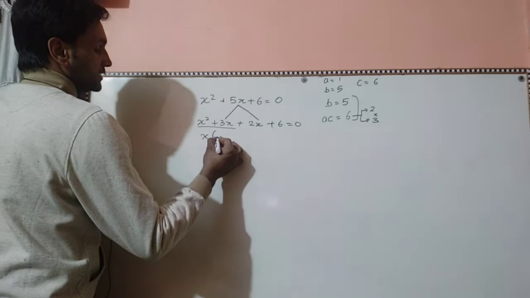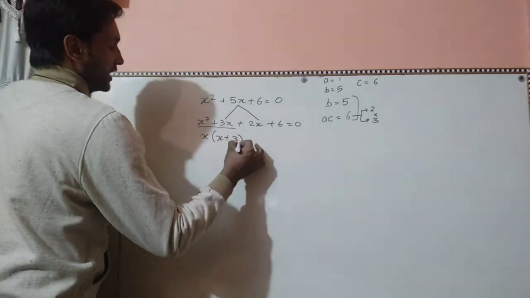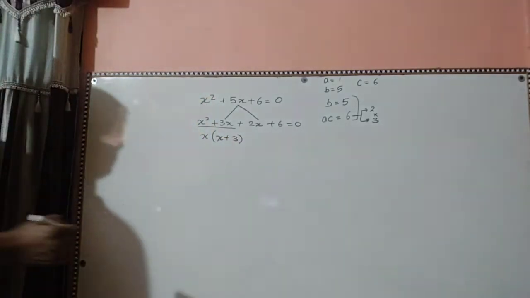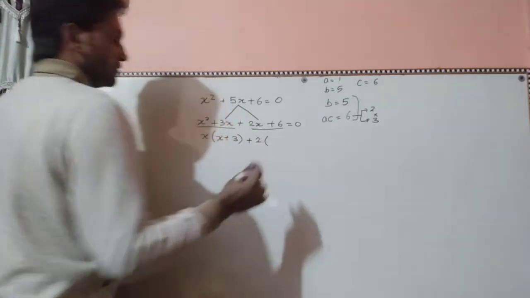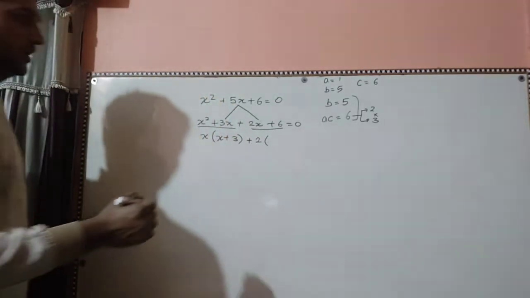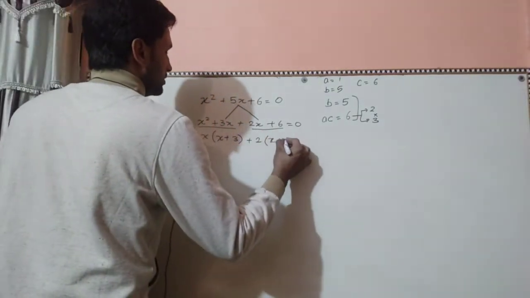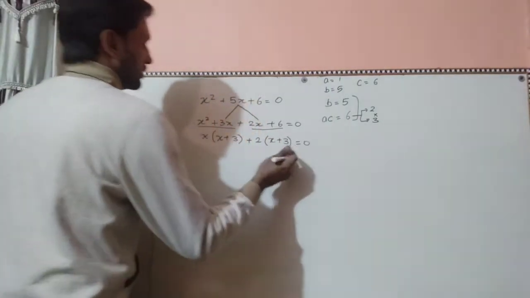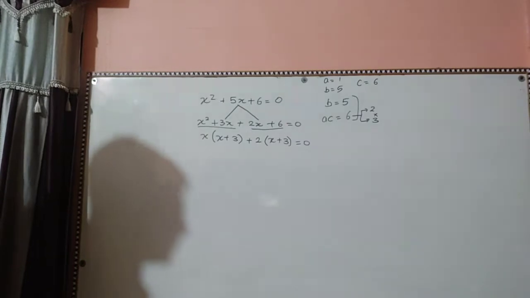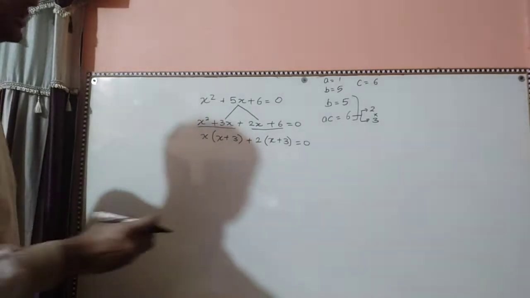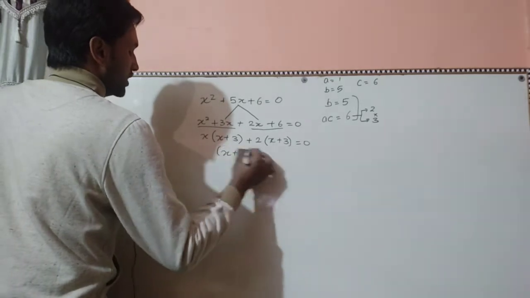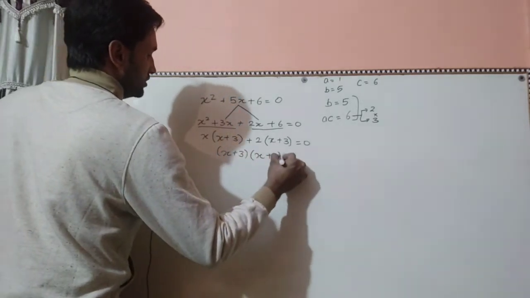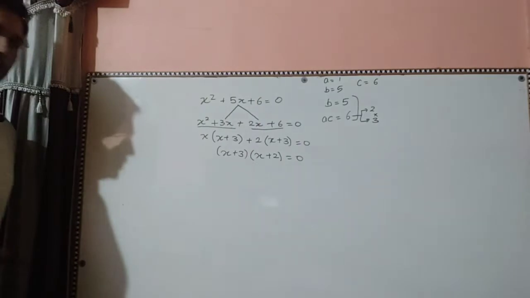When we take out x as common, the remaining part is x plus 3. Similarly, from the third and fourth term, we can clearly take 2 as common. The remaining part will be x plus 3. Now when we observe the complete equation, we have a common part, that is x plus 3. We will take x plus 3 common, multiplied by x plus 2, that is equal to 0.